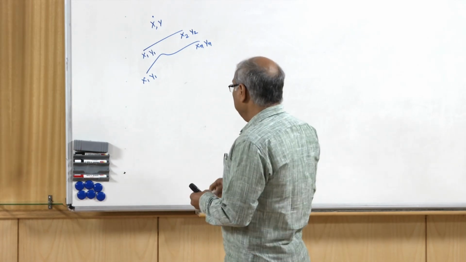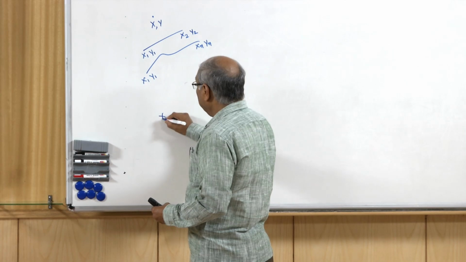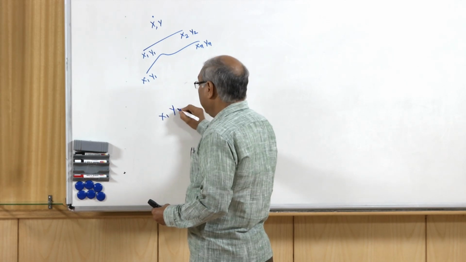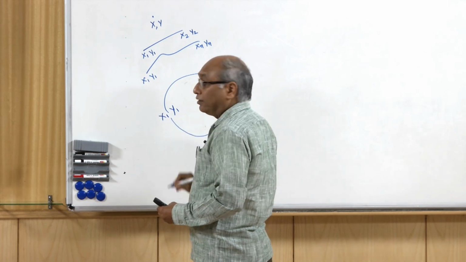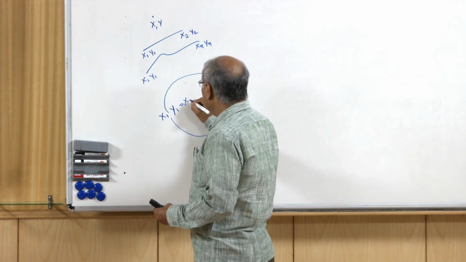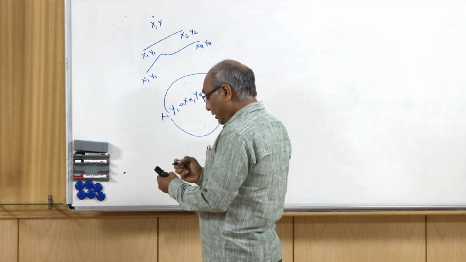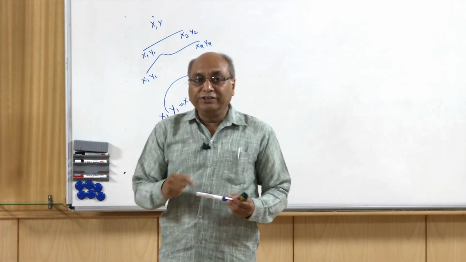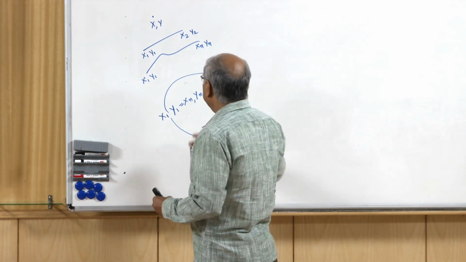And if we go for a polygon, then x1 y1 has to be the same as xn yn, because it is interconnected; the first origin and destination have to be the same and the rest of the points are in between.